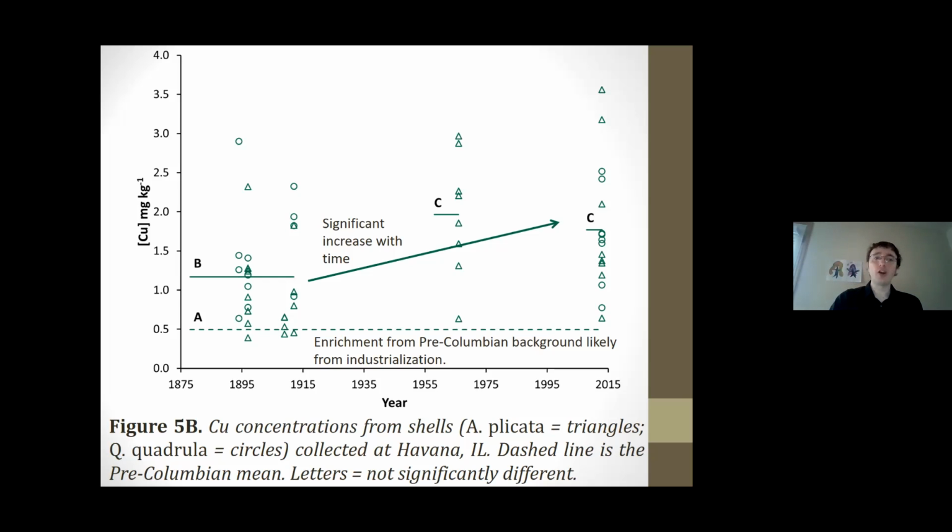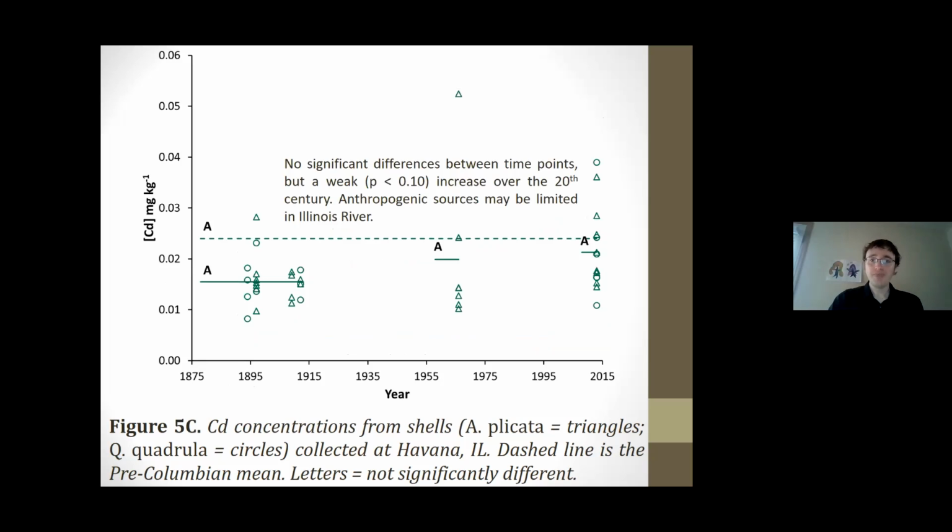And then if we look at our third exemplar, cadmium, there was no significant difference. At Havana, there was a weak increase over the 20th century. The p-value is like 0.9 something, and the r-squared is like 0.05 or something in that neighborhood.